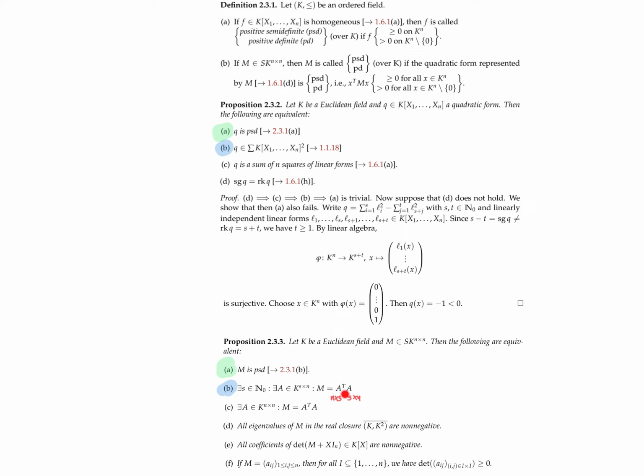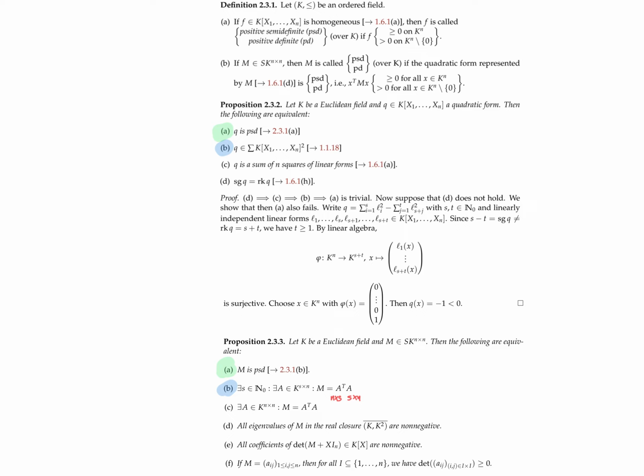I can actually translate this into such a condition. If I write it as a sum of s linear forms, this translates into such a condition. The weights are all 1 then, of course, so there is the identity matrix in the middle, which you don't see anymore. Okay, so these blue statements are equivalent.